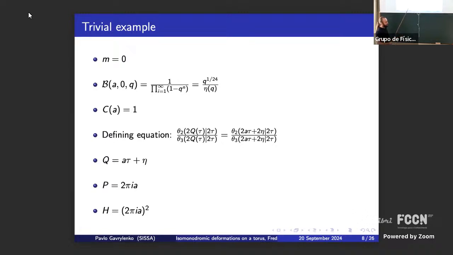In this way, we can recover the free particle evolution, which it should be for m equals 0. And it depends on two parameters: one is zeta, the initial coordinate, and the other is a, the initial momentum. Are there any questions?